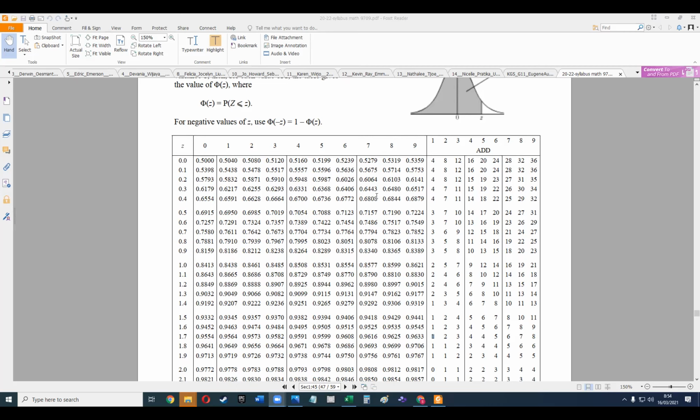This is too big. Just go back one here. 0.6772, but we need to add 28 to get it to 0.6800. From here, we know the Z is 0.46. 0.4647 will be too big. 0.46 what? Add 28. There is no 28 here. The closest we have is 29. So we're going to use 29. That's going to be 8. So the answer is going to be 0.468.